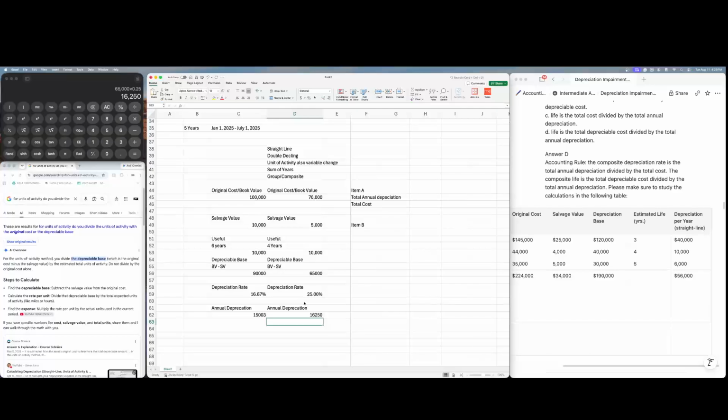Once you get the annual depreciation of all the assets, you just add that together. So that'll be 31,253.